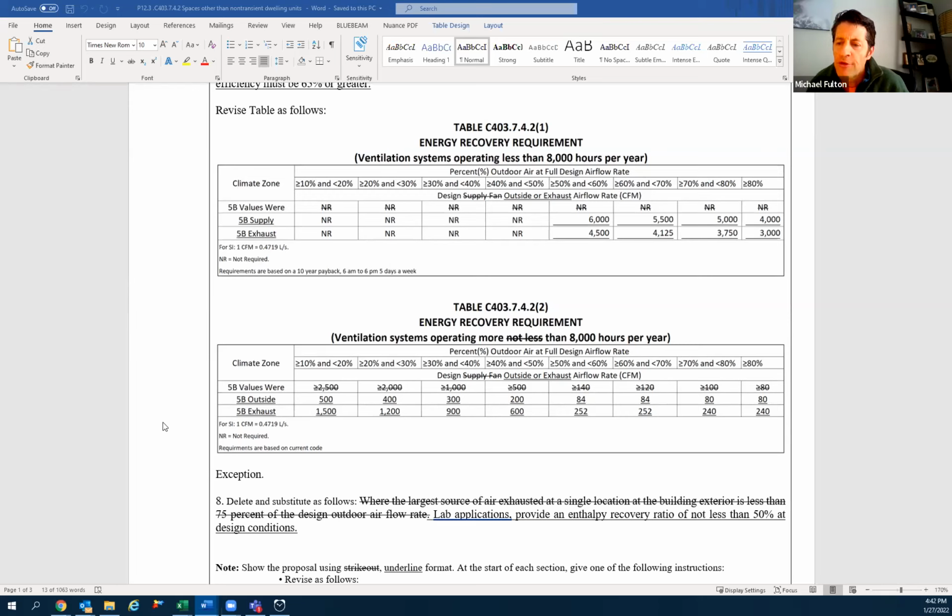So it would either trigger the requirement. The concept is, let's look at the first table, 80%. If you had 4,000 CFM of air coming in, that would require energy recovery as long as you had 3,000 CFM of exhaust going out.